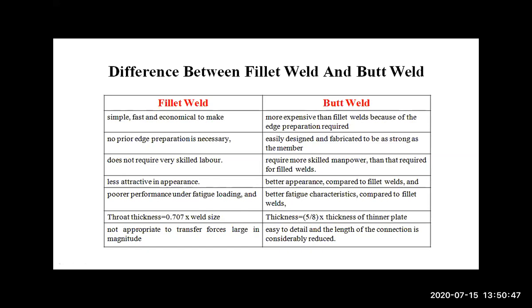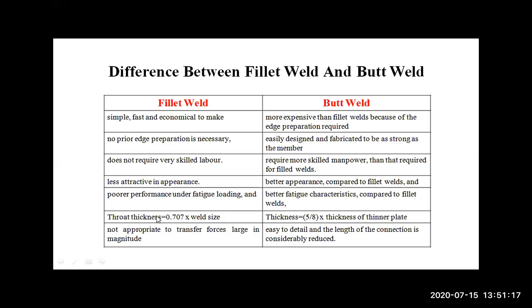So here poor performance under the fatigue loading, but in the butt weld the performance is better, because whatever shapes we have given to the plates, the load carrying capacity is greater in the butt weld, and less in the fillet weld.